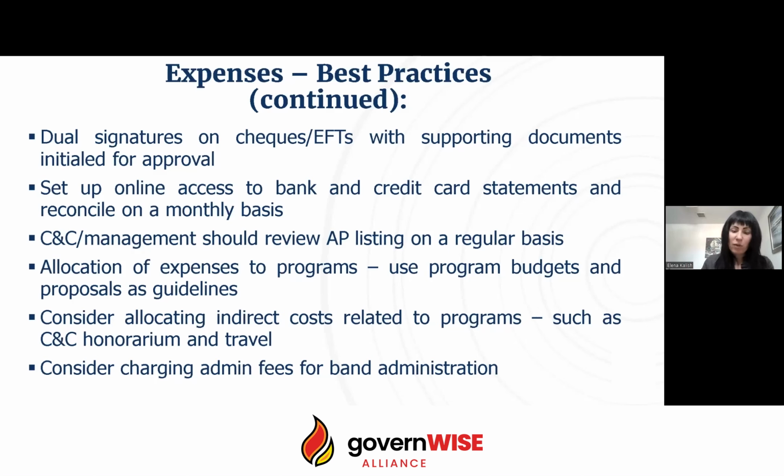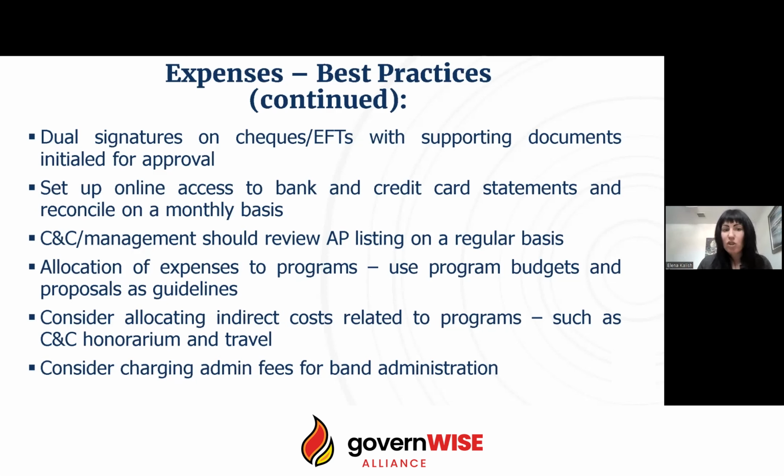And so when we reviewed the program for economic development for the band-led business, we said, well, in reality, some of chief and council honorarium really belongs here, because one person on chief and council spent probably 2 months full time just working on that business. And so we allocated some of the honorarium for that person and definitely all the related travel to that program, which was important because we had a bit of a surplus in there. So this way we were able to not report a surplus.